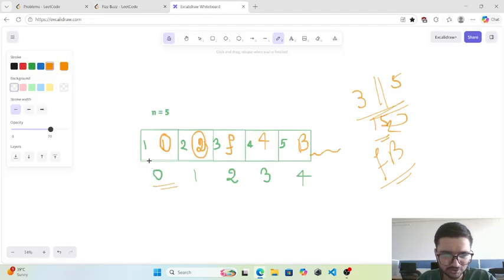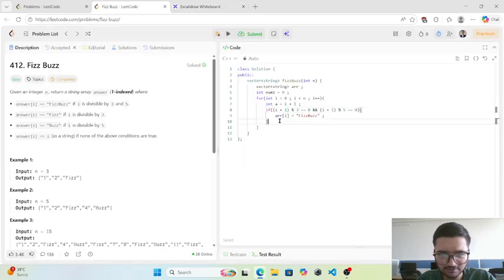If our index is 0, its value is 1, if the index is 1, its value is 2, so we check i plus 1.